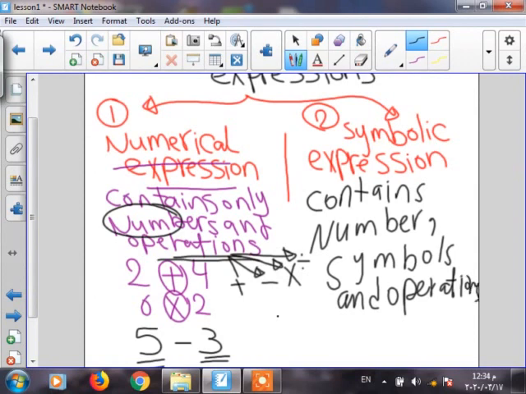Like what? Like x plus 4. I have here x. This x is called a symbol, and I have here number 4, and I have the operation between them. This is plus. Okay.